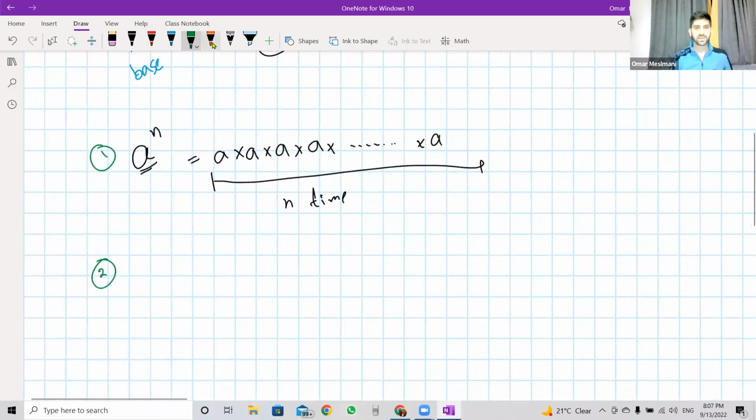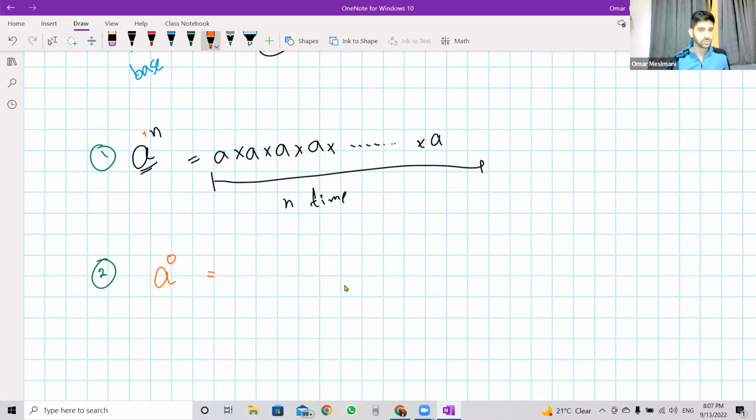All right, so the second thing. Let's start with positive power first, 0 power second, and the third one is the negative power. Who knows what a power 0 is? It is 1.